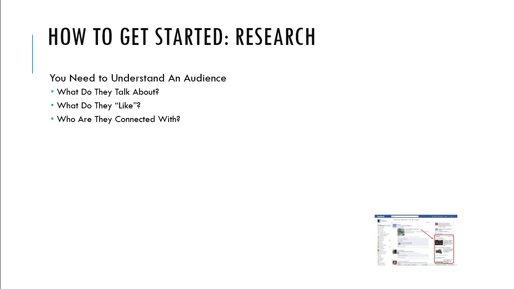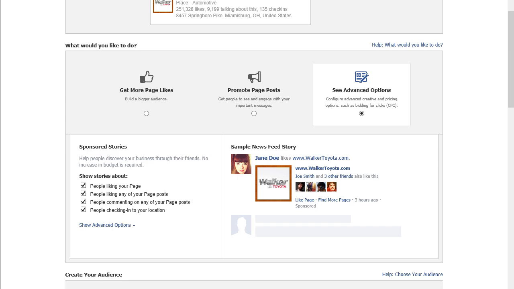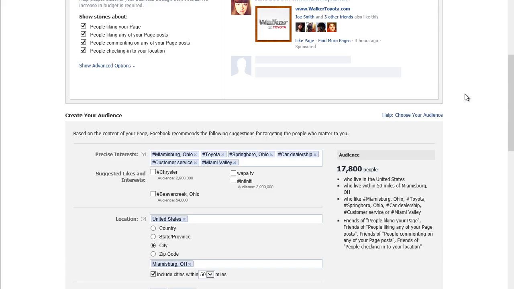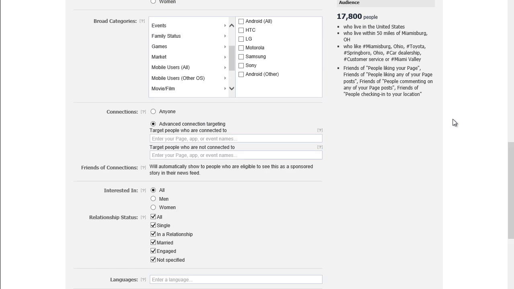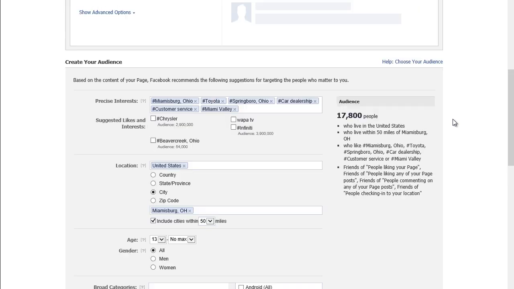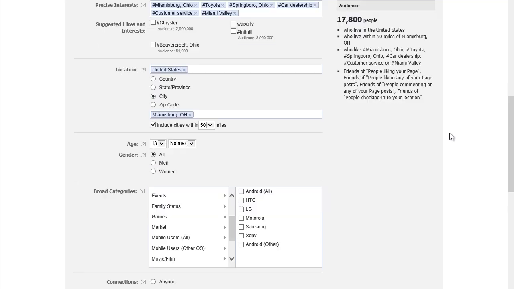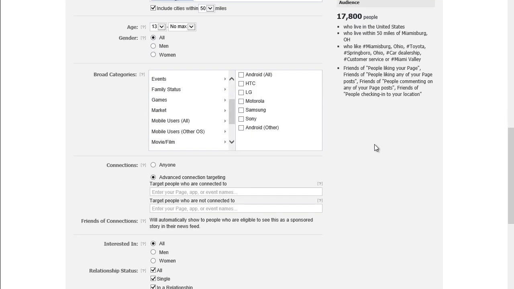Let's take a look at the Facebook ad network from the inside so that you can see what I mean. Now we're actually inside of creating an ad. We're going to get into this in another video, but I want to show you something. I want you to look at some of the targeting options for a particular website. Don't pay attention to all these numbers at this point.